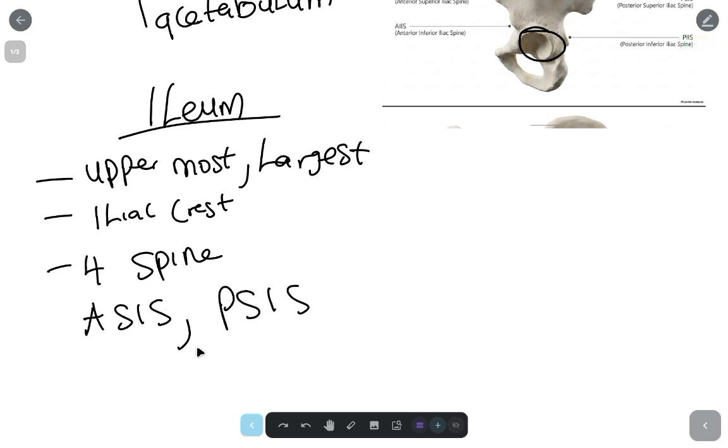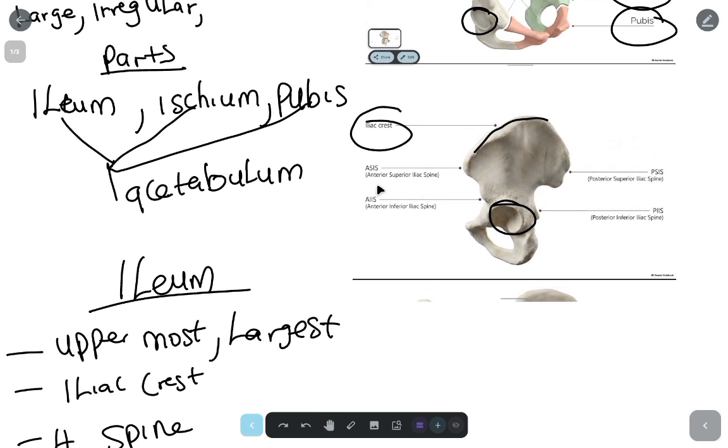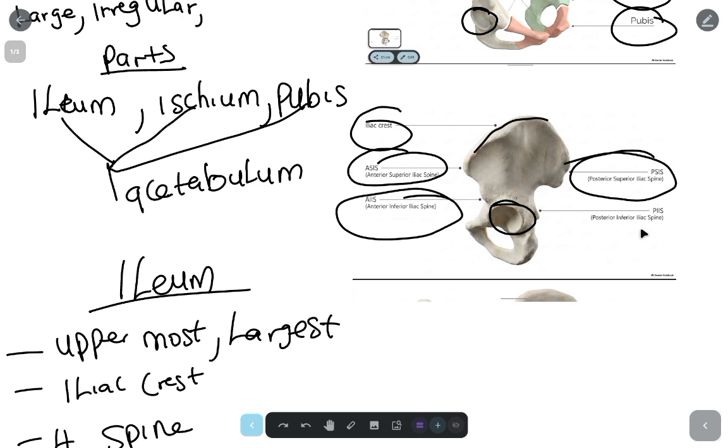The third spine you have is the anterior inferior iliac spine, and the fourth spine you have is the posterior inferior iliac spine. So look at the spines. This is the anterior superior iliac spine, this is the posterior superior iliac spine, this is the anterior inferior iliac spine, and this is the posterior inferior iliac spine. So take note of those things.